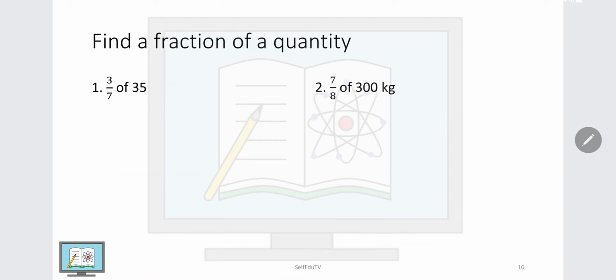Try to recall this. In mathematics, of means multiply.